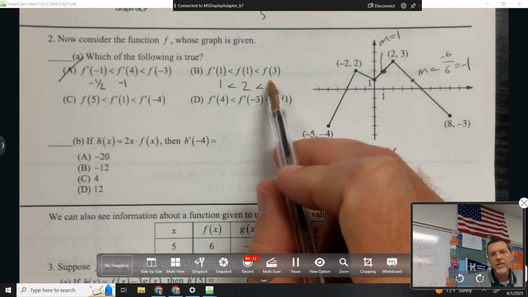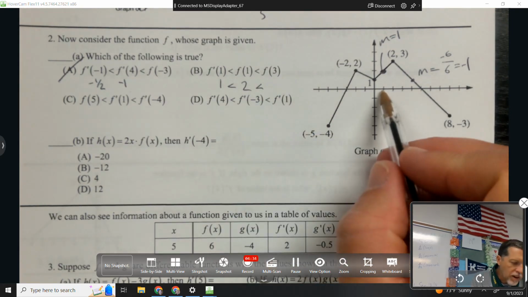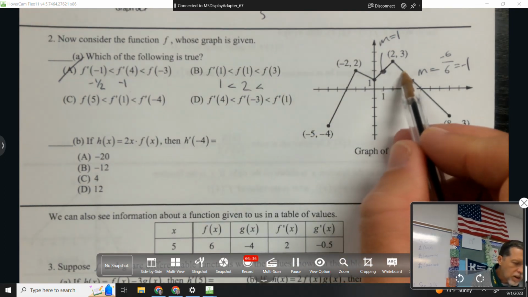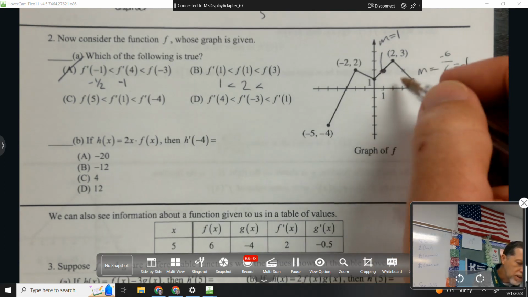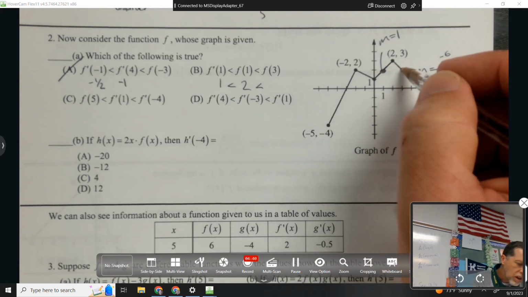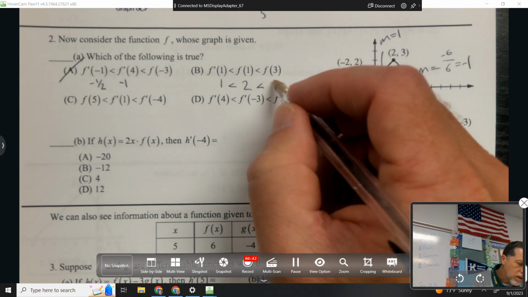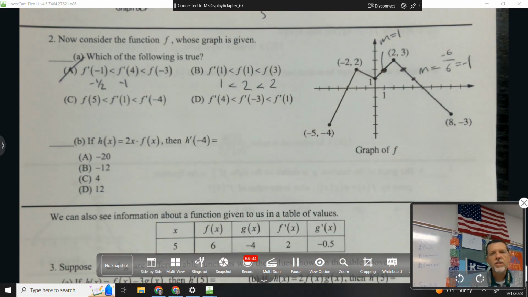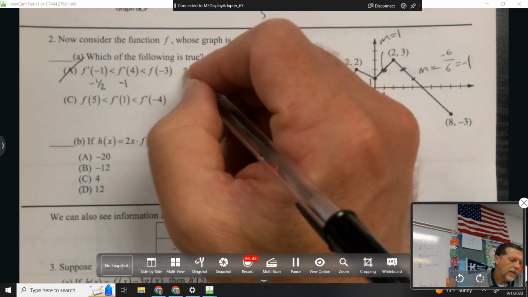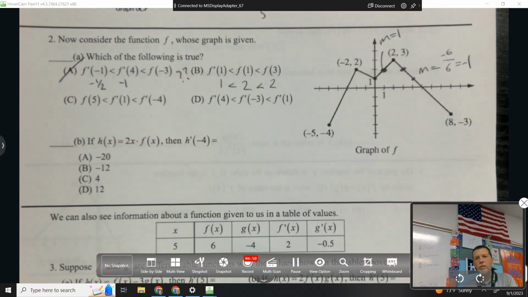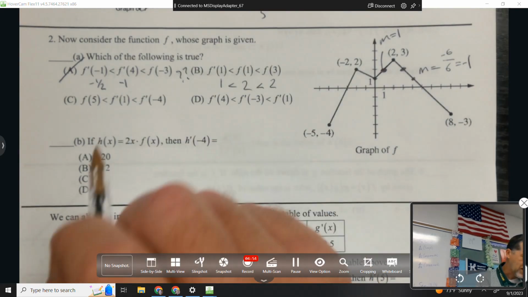So not the slope at 3, but the function value at 3 is, I think, 2. So that's close to true, but I don't think that's true because it doesn't have an equal sign there. So I'm going to put a question mark on that one. Maybe, if I'm not reading my graph right, I can come back to it.